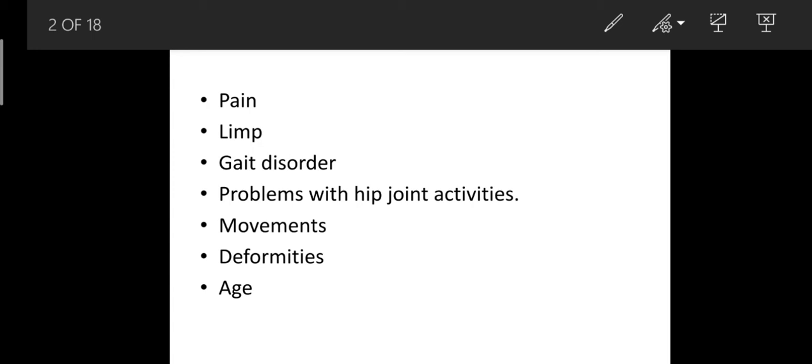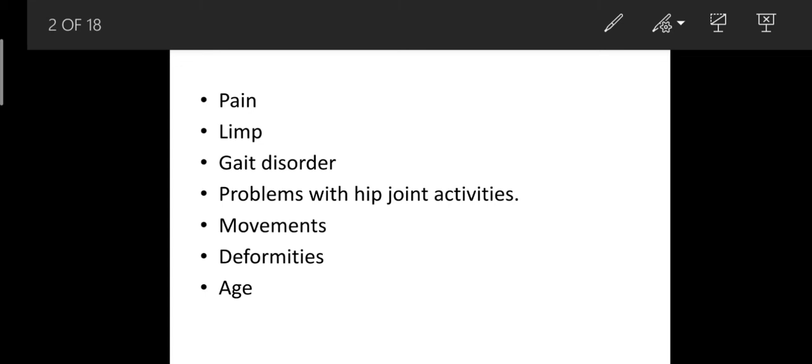Limping is also found in a rare disease, Perthes disease. The next point is gait disorders. Since the hip joint is mainly concerned with gait and locomotion, it is natural that patients with hip disorders have alterations in the normal gait pattern, which varies according to the cause.